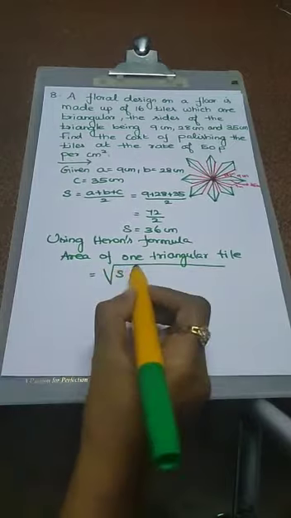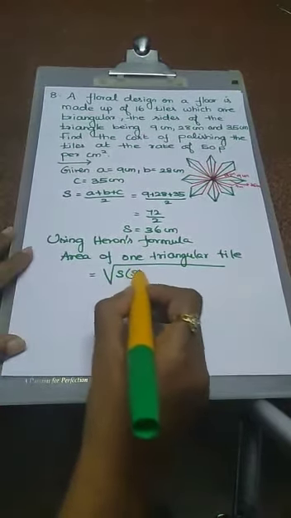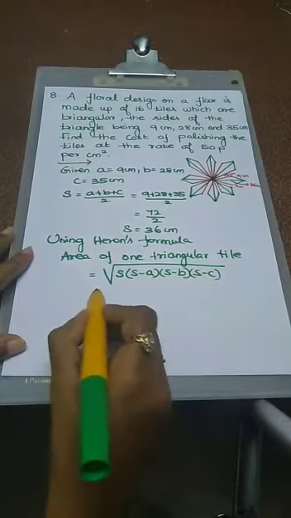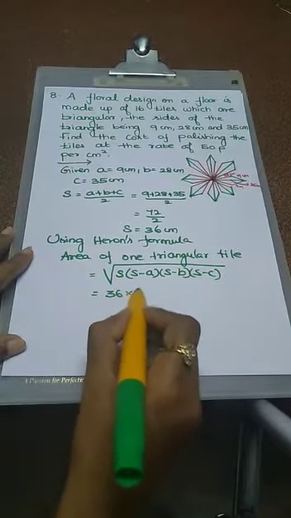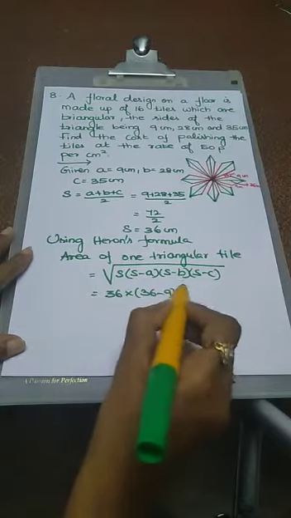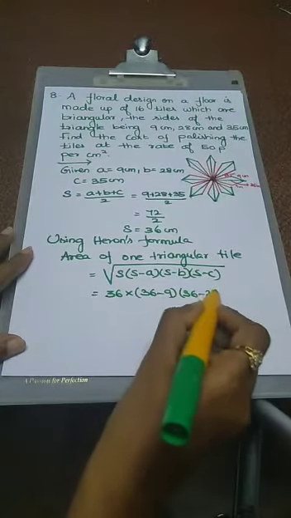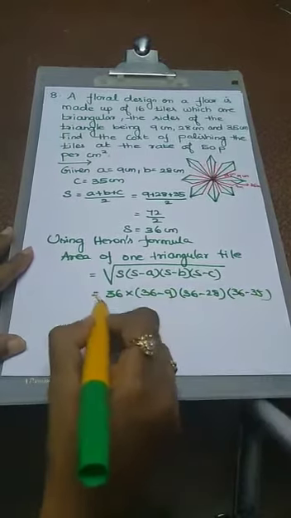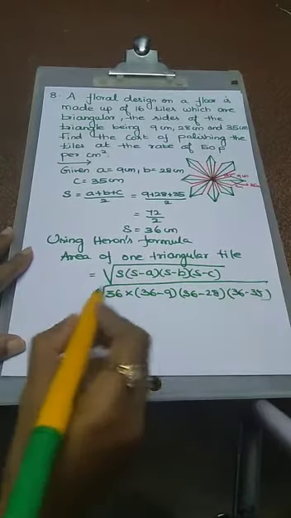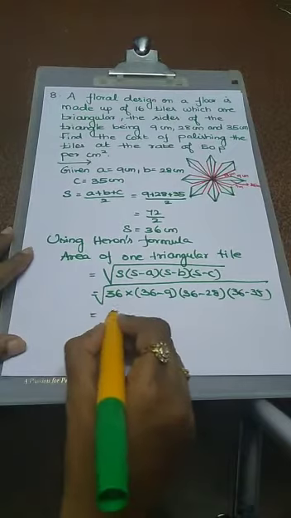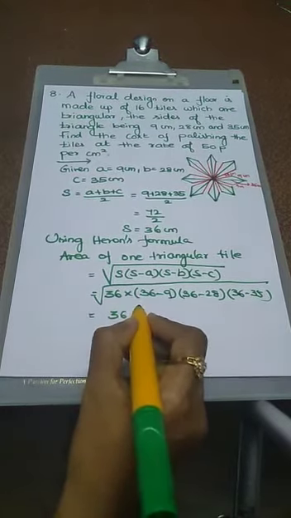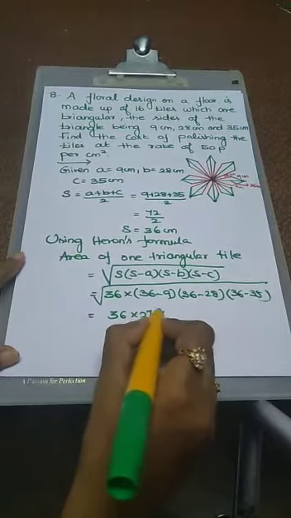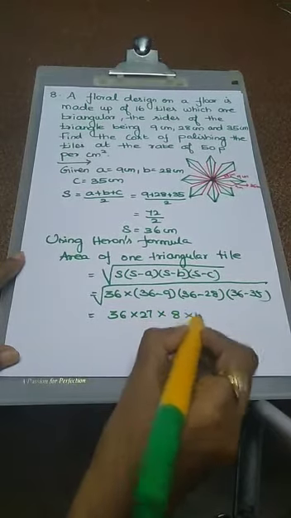Heron's formula: square root of S into S minus A into S minus B into S minus C. S value 36 into 36 minus 9, 36 minus 28 into 36 minus 35. So, apply the values. The first value is 36. 36 minus 9, the value is 27. 36 minus 28, 8. 36 minus 35, 1.